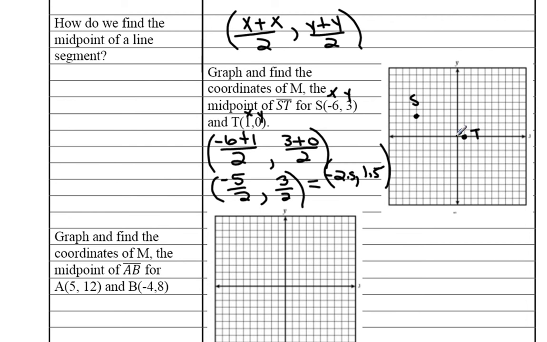So negative 2.5 is about here, and then up 1.5. So 1.5 is about here. So this point represents M, the midpoint of segment ST, and the reason we want to graph it is to make it visual that this does look like it's in the middle of S and T, which it does.